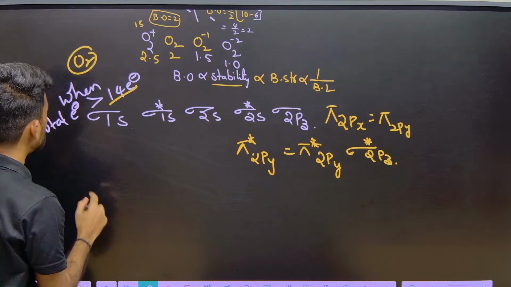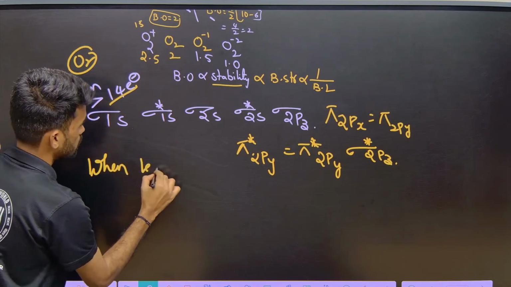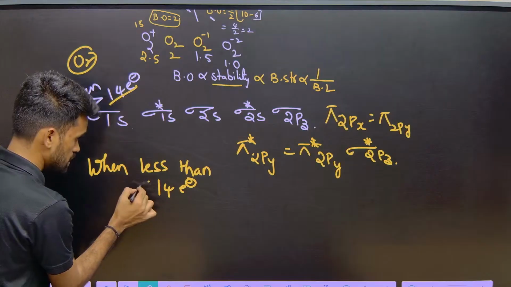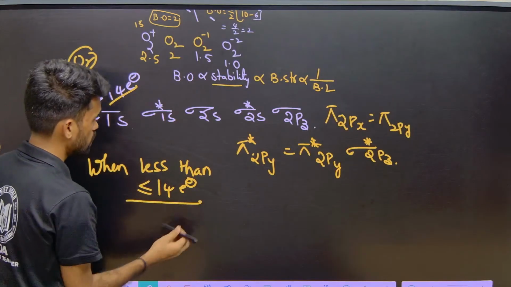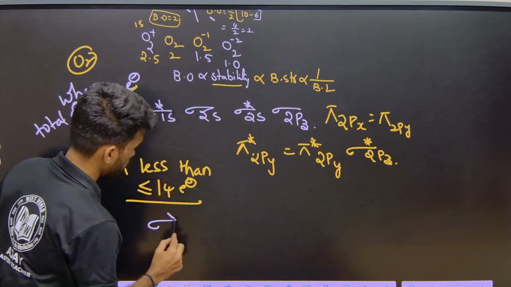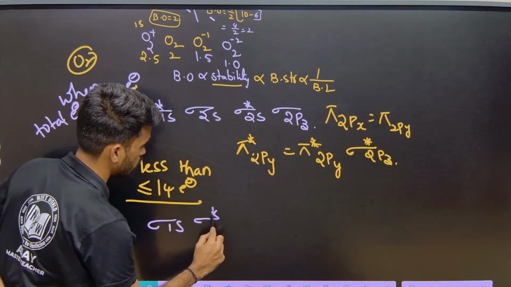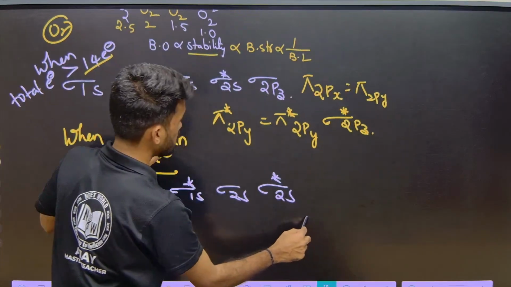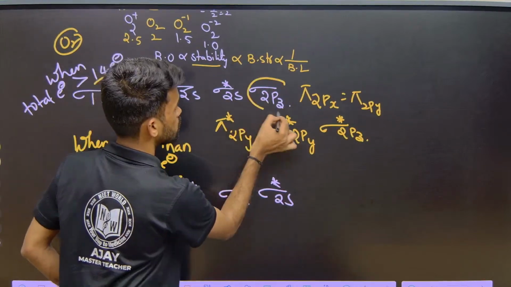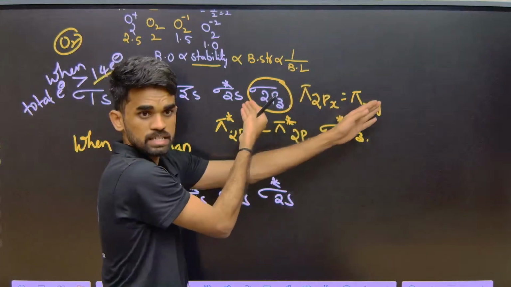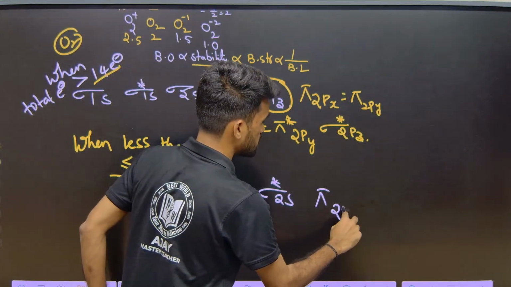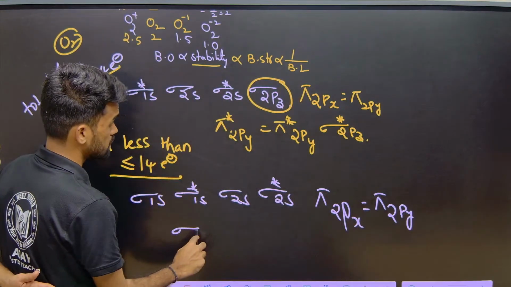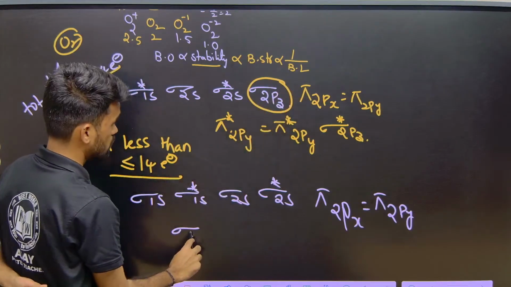If it is less than or equal to 14 electrons, in both cases you should use this other one: sigma 1s, sigma star 1s, sigma 2s, sigma star 2s. Next, after this, here we just interchange these two things. So pi 2px equals pi 2py. After this, I told you to interchange these two, sigma 2pz.